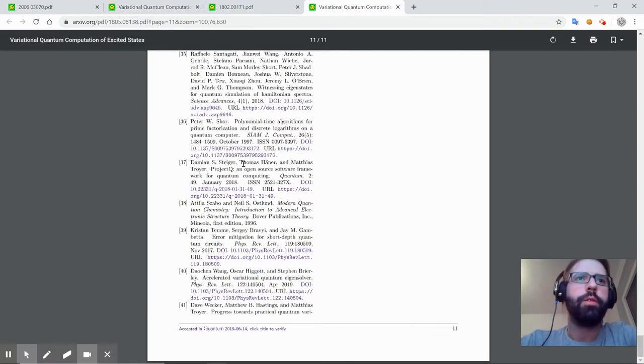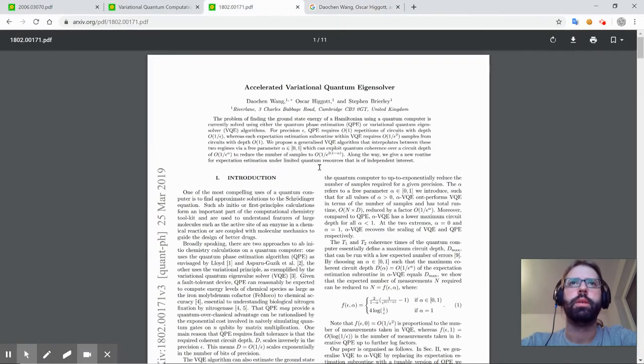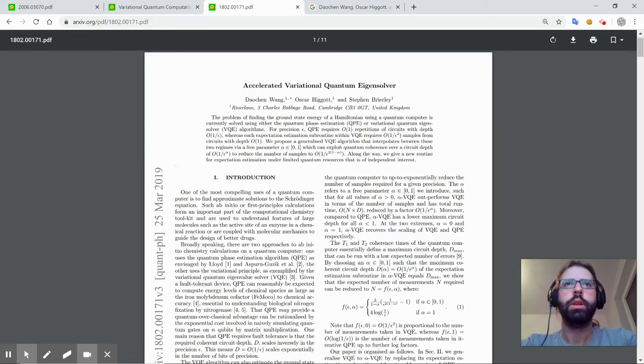Reference 40, accelerated version of quantum eigensolver. April 2019. Stuff is really recent. That's so cool. Oh, I had it open already.